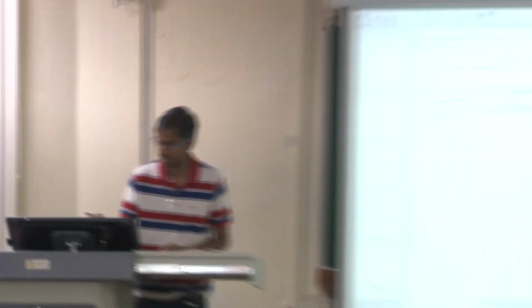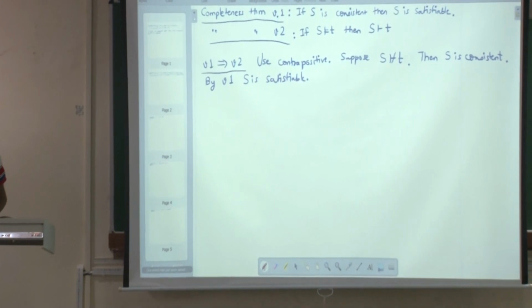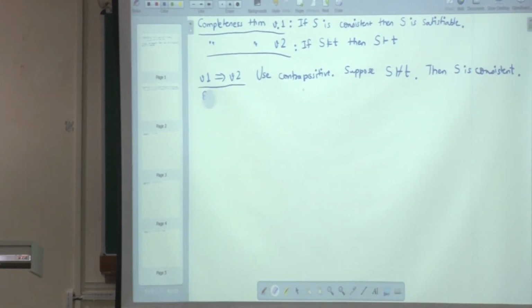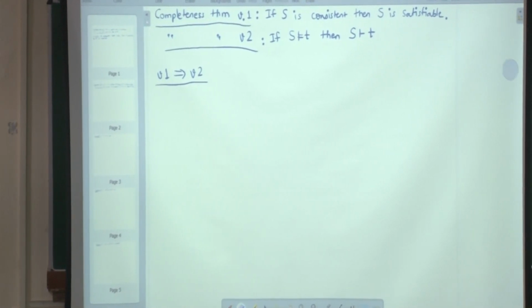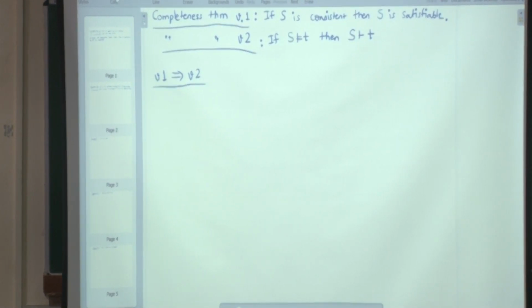If T is a logical consequence of S, then S union negation T is contradictory. And we can use the contrapositive of the first one. Very good. So we are not using the contrapositive of version 2, we can use the contrapositive of version 1.